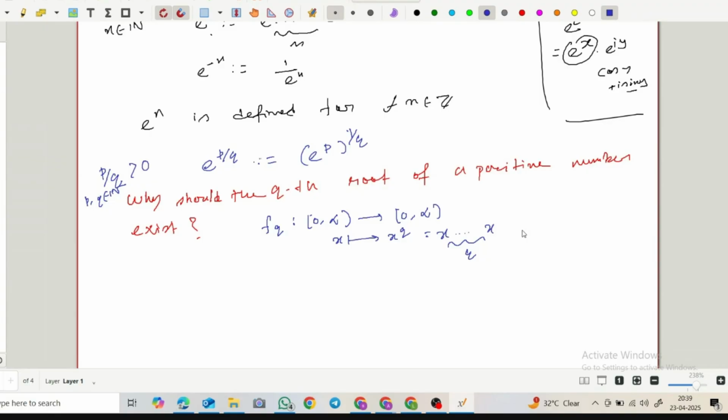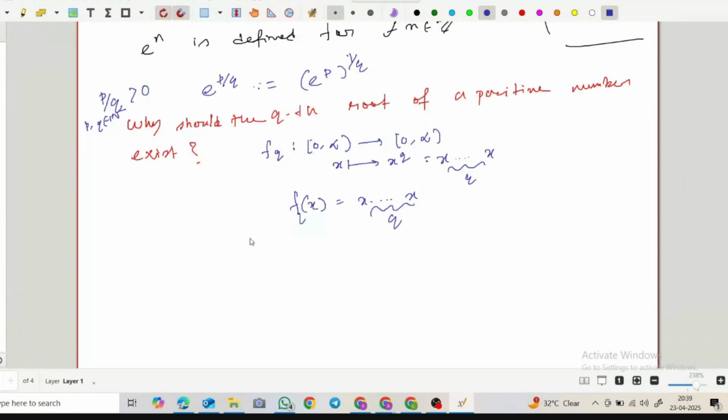And f_q is of course continuous, right? Because this is a product of q continuous functions, that is, the product of identity functions q times. You also notice that f_q of 0 is 0, and the limit as x tends to infinity of f_q of x is infinity, right?